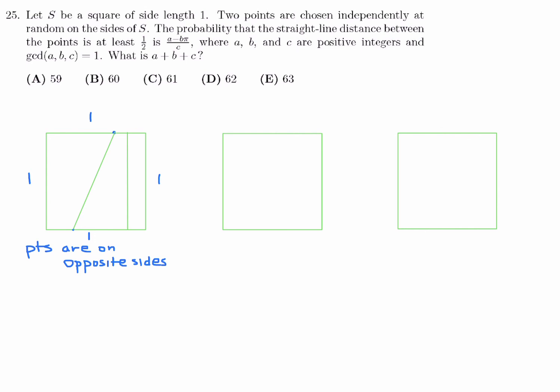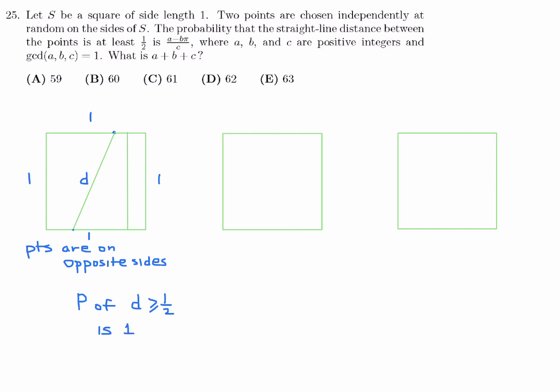So the probability that the distance D between those two points is at least 1/2 is 1.